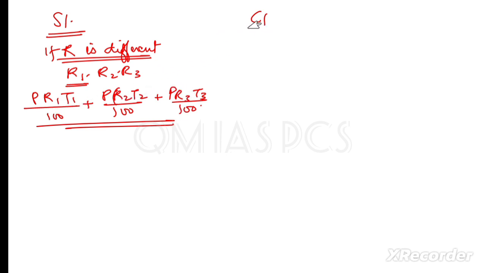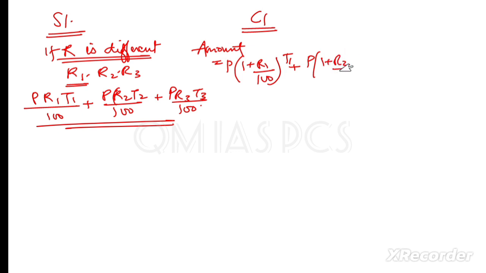But in case of CI, the amount will be equal to P(1 plus R1 by 100) to the power T1, plus P(1 plus R2 by 100) to the power T2, plus P(1 plus R3 by 100) to the power T3.